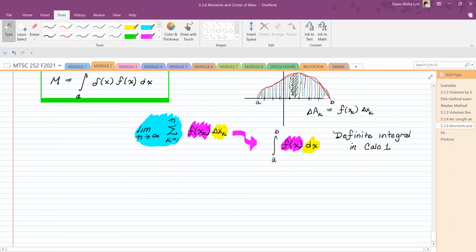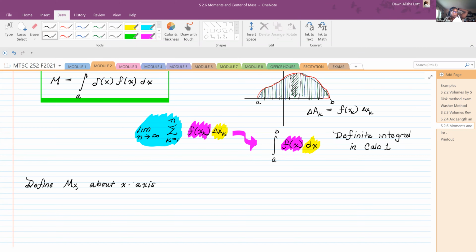Okay, all right. So now we need to define the moment dMx about the x-axis. The moment about the x-axis is the same way as it was before. We're assuming the distance from any point to the x-axis is yk.